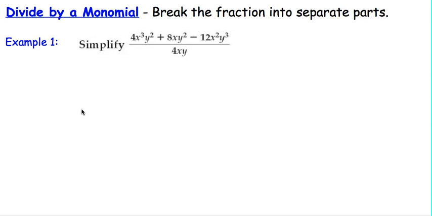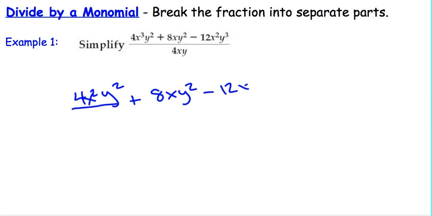First I have 4x cubed y squared plus 8xy squared minus 12x squared y cubed.